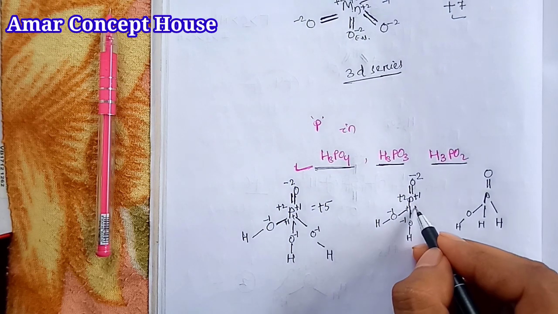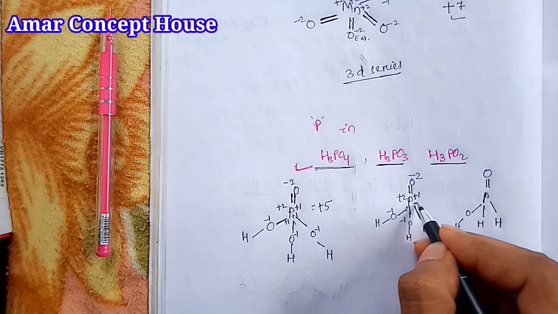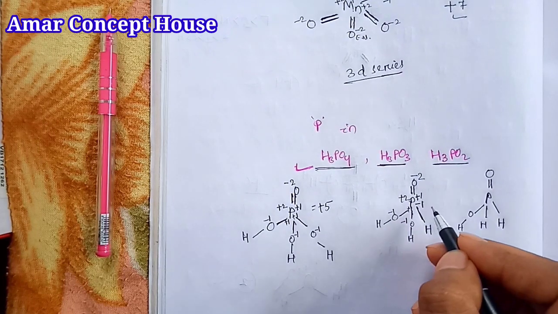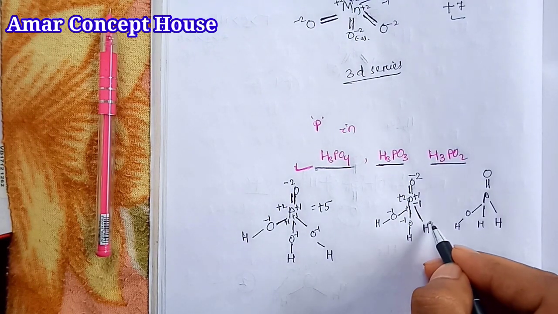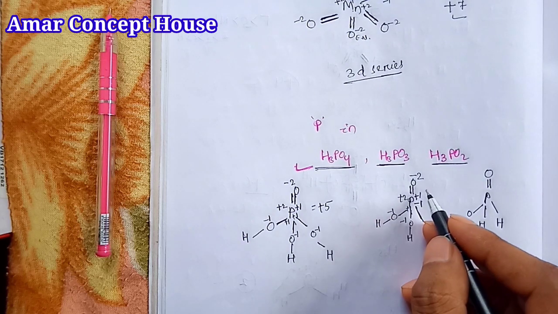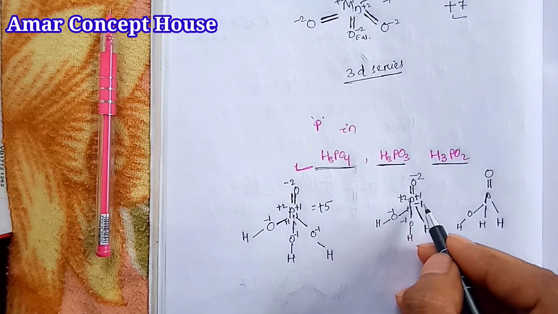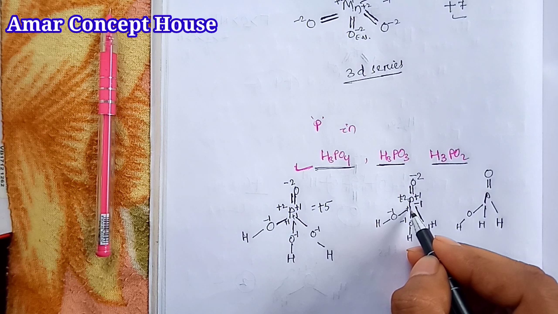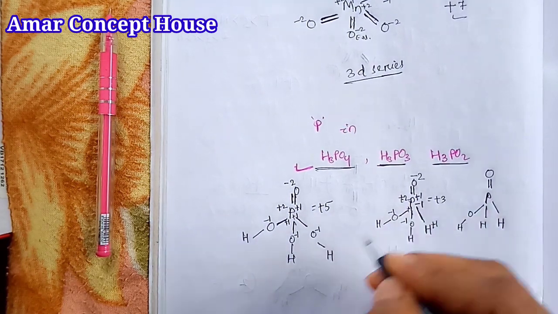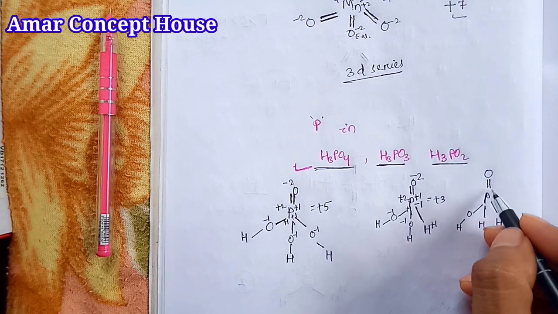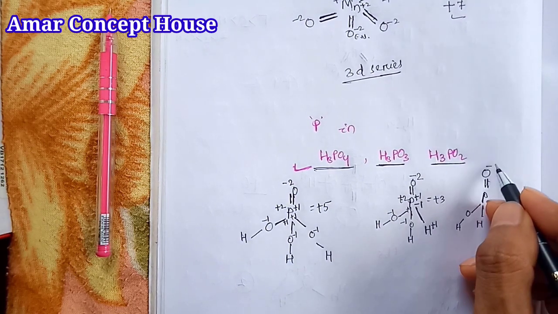So for the single bond, phosphorus gets -1, hydrogen gets +1, because phosphorus is more electronegative than hydrogen. So assign -1 to phosphorus. Now what is the total formal charge? 2, 1 is 3, 1 is called +3.